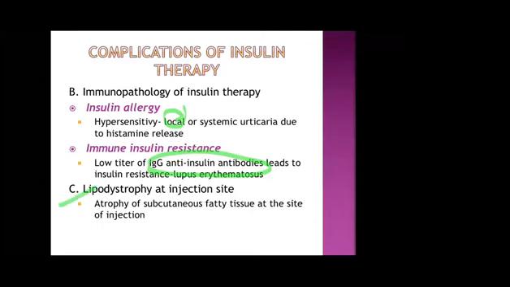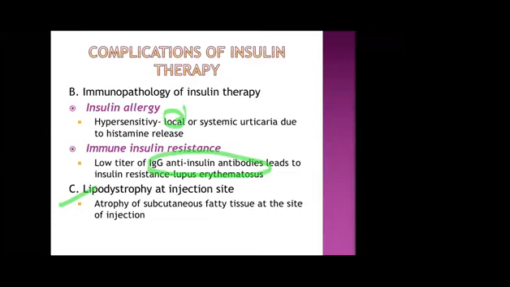Ito, common ito na side effect ng insulin. There could be lipodystrophy. Lipodystrophy is atrophy of subcutaneous fatty tissue at the site of injection. Recall that the route of admin for insulin in general is subcutaneous. So pag subcutaneous siya, more on sa fatty tissues ito na pupunta.